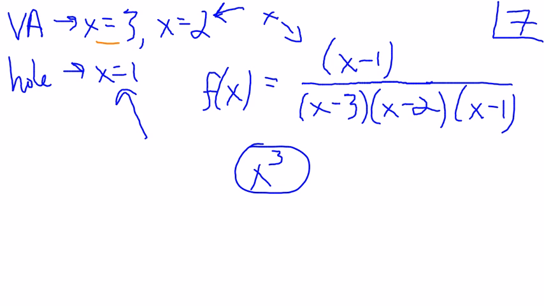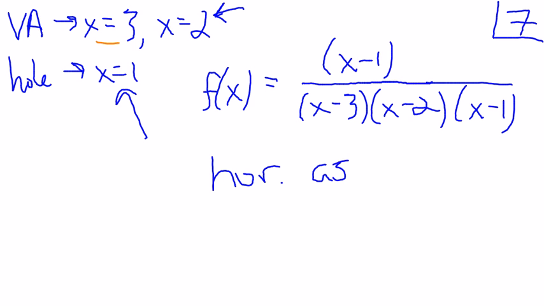Clearly, the bottom would grow faster, which would make my horizontal asymptote at y equal to 0. It would be that flat. Its limit as x approaches infinity or negative infinity is 0.